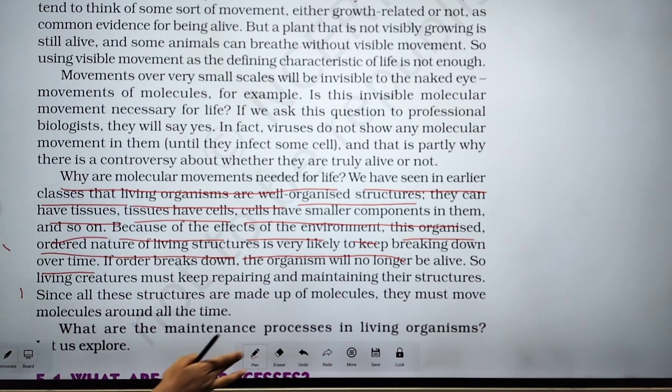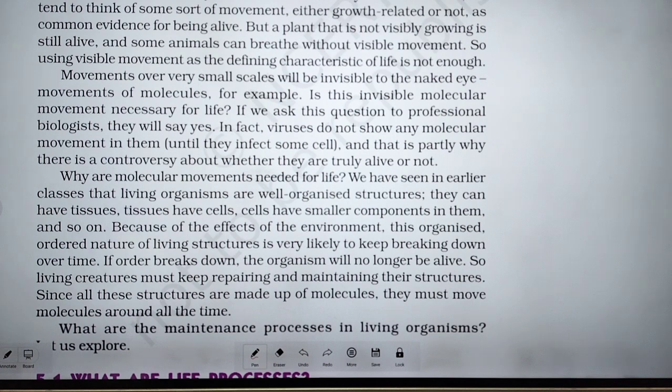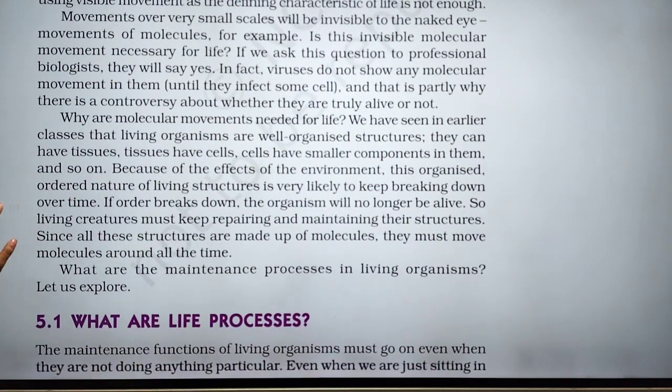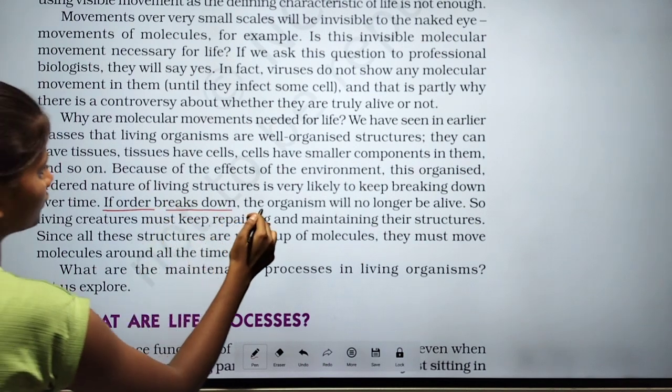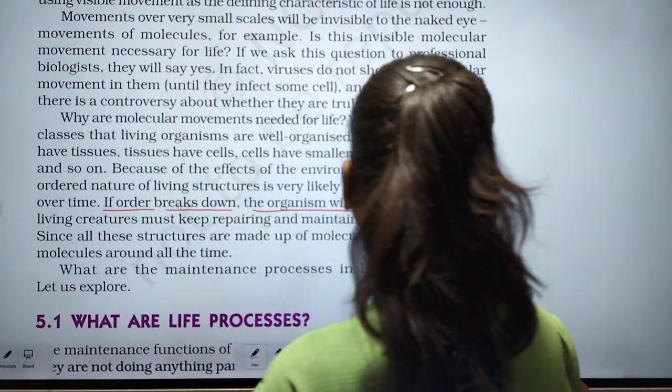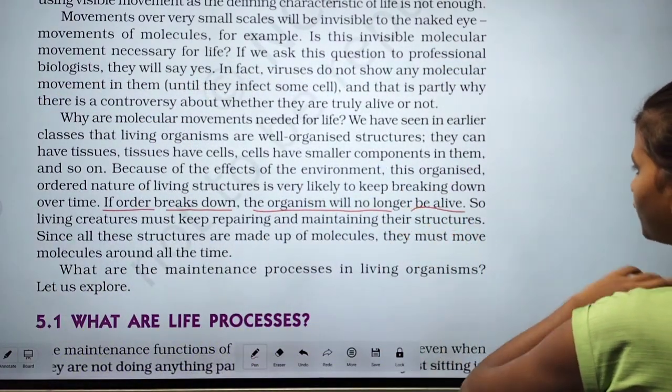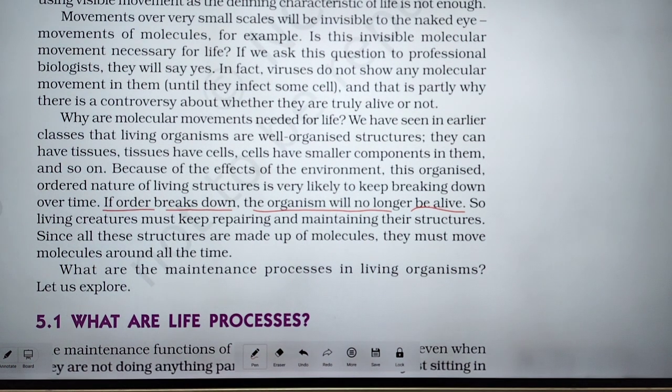If order breaks down, the organism will no longer be alive. If this order breaks down, then the organism will no longer be alive.